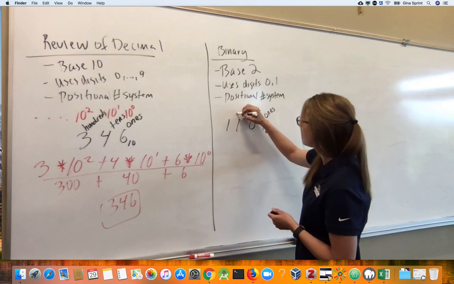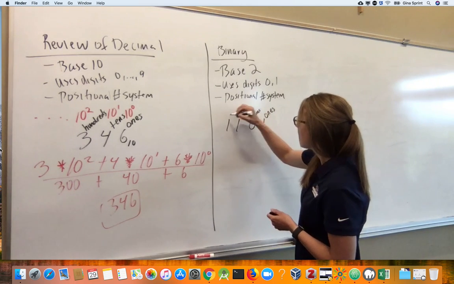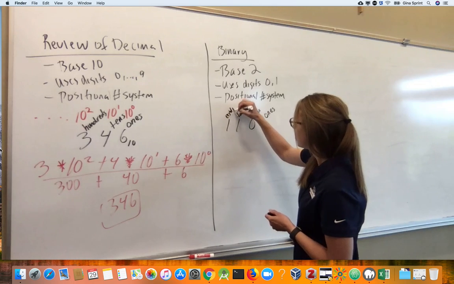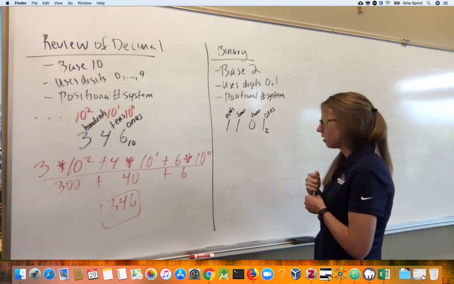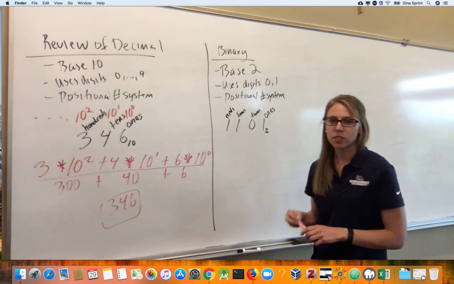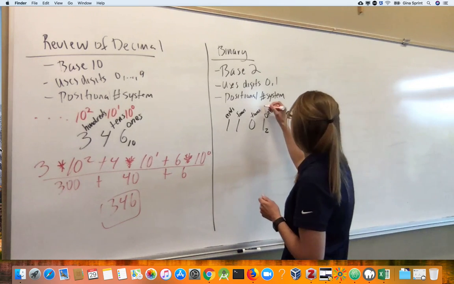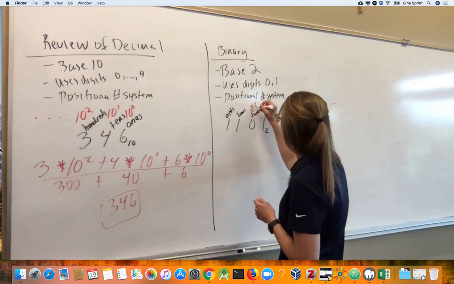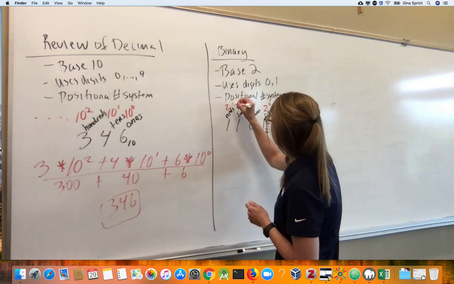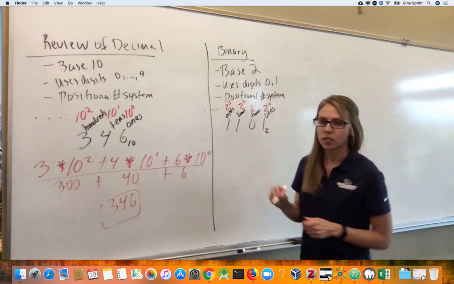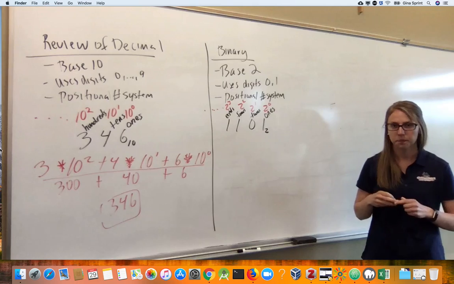And this 1 is in the 4's position. And this 1 is in the 8's position. So these position names are coming from powers of 2. 2 to the 0, 2 to the 1, 2 to the 2, 2 to the 3, so on and so forth.